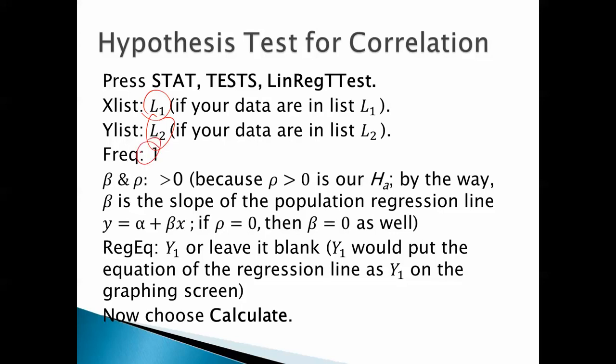Frequency is 1 because each of those data points appears once. You would choose beta and rho greater than 0 because that is our alternative hypothesis. By the way, beta is the slope of the population regression line y equals alpha plus beta x. If rho is 0, that would imply beta would be 0 as well. So that's why we say beta and rho are both greater than 0.